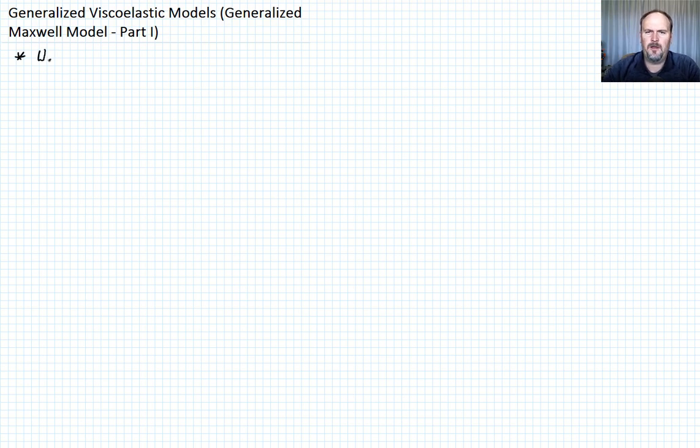So we showed that for a Maxwell model, let's see if you can remember what that looks like. It's a spring and dashpot in series. So there's our dashpot, and there's our spring.